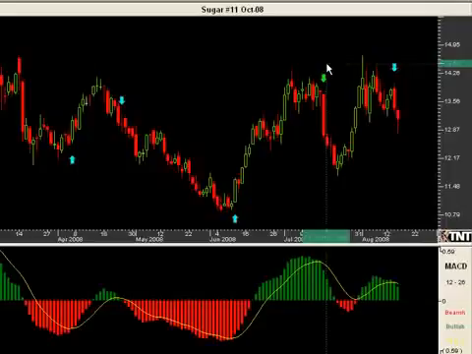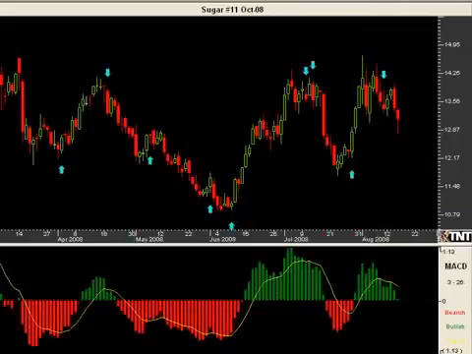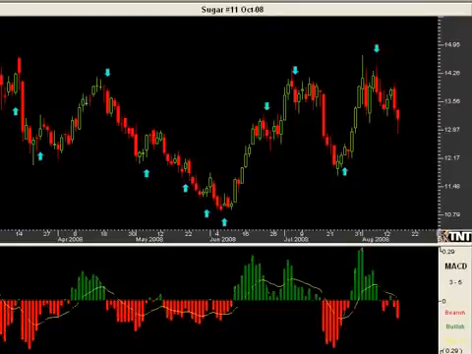Now, as I mentioned, MACD is a useful indicator, but it is painfully slow. So to offset that, I actually use a slightly different group of settings to speed it up. Quite honestly, I don't know where I got these settings from. I think a friend gave them to me many years ago, but they seem to work pretty darn well.